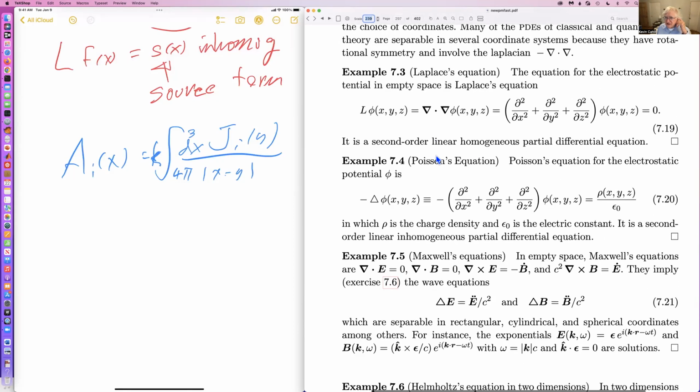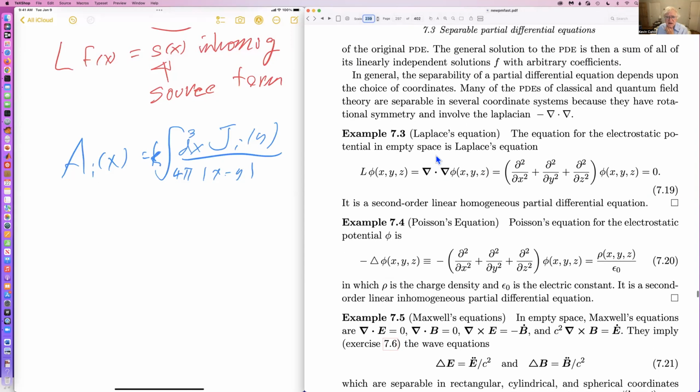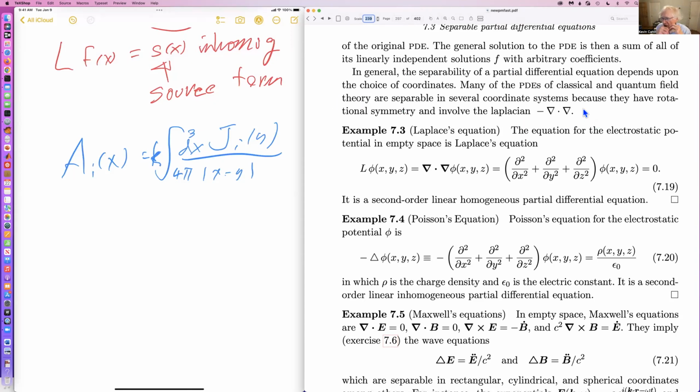And there are many examples in physics, and the separability occurs often because the differential operators aren't arbitrary differential operators. They are differential operators that have a lot of symmetry. In fact, the separability of a partial differential equation often depends upon the choice of coordinates.